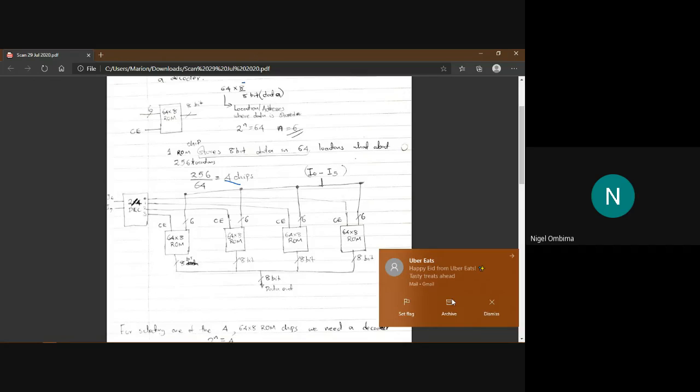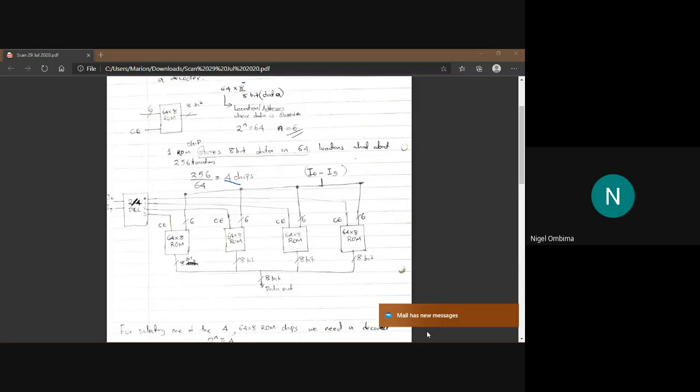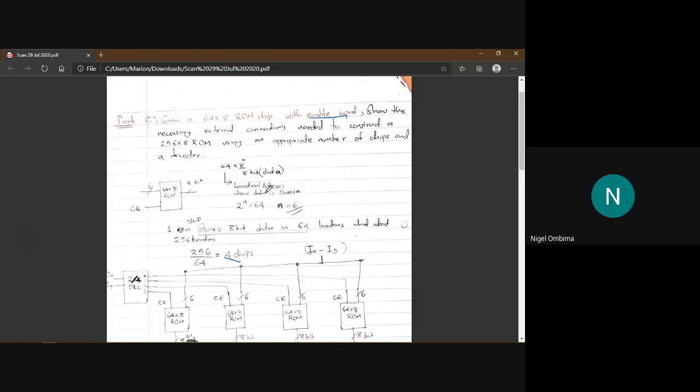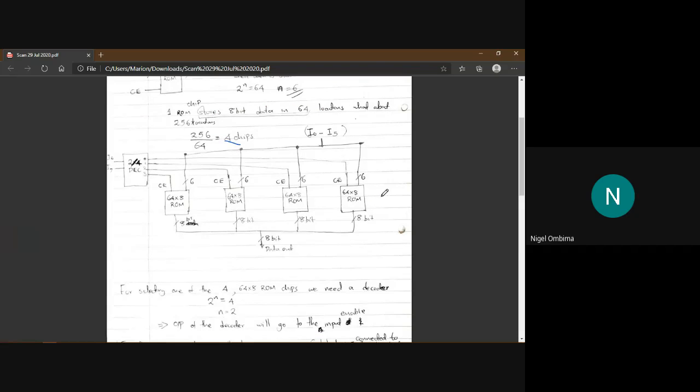In order for us to select the number of chips that we are using, because we are to design a 256 by 8 ROM, the output is supposed to be 8, but now we have all our 4 ROMs, and they all have an 8-bit data output.